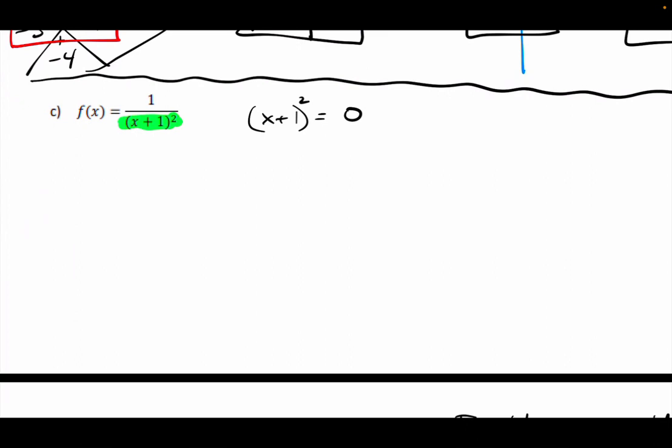So it has to be the same. But since we only have one x, there's only one x here, what I'm going to do is, what's the opposite of squared? Square root. Take the square root of both sides. So we get x plus 1 equals the square root of 0, which is plus or minus 0, but 0 is just 0. And then subtract 1 from both sides.